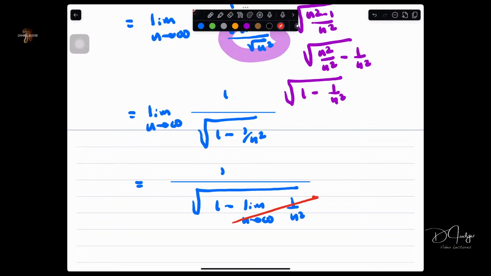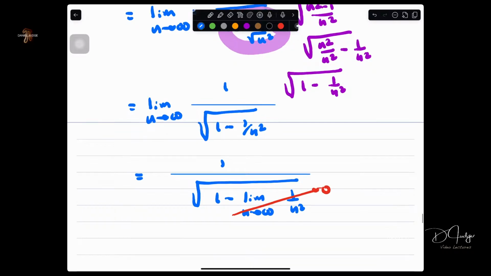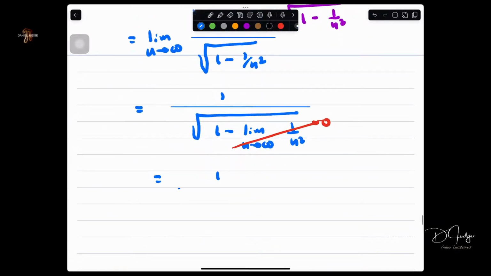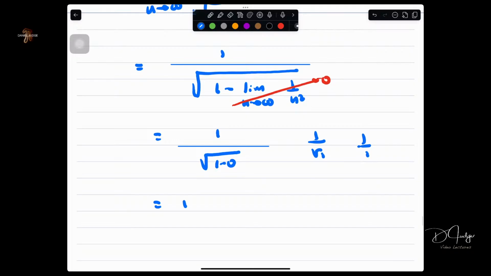Now, this goes to 0, which means you have 1 over the square root of 1 minus 0, 1 over the square root of 1, 1 over 1. This limit equals 1, which is a positive number now.